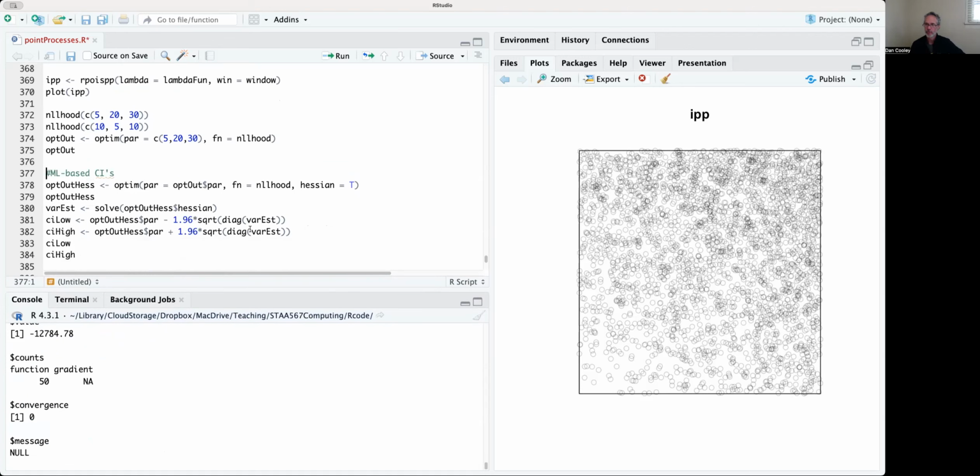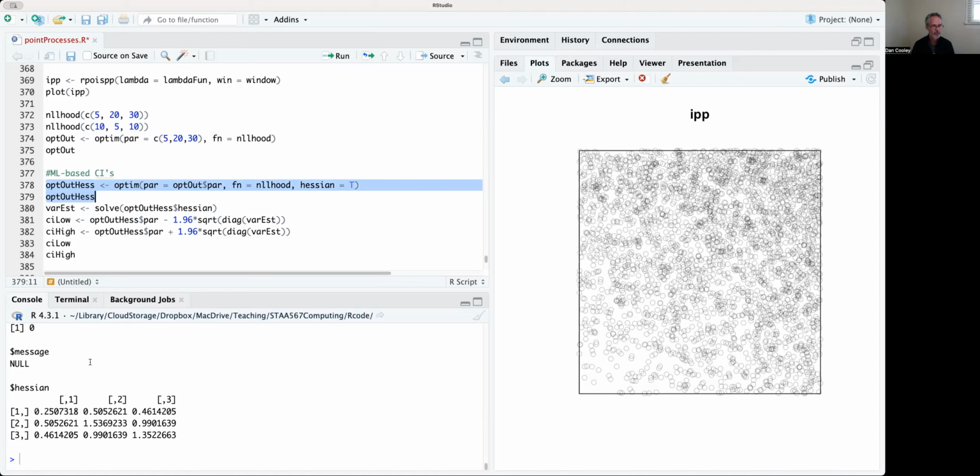If we wanted to get uncertainty estimates for our parameters, we could rely on asymptotic theory of likelihoods. I could get the Hessian of our likelihood surface, which is obtained right here. The diagonals of the inverse of the Hessian would be related to the variance.